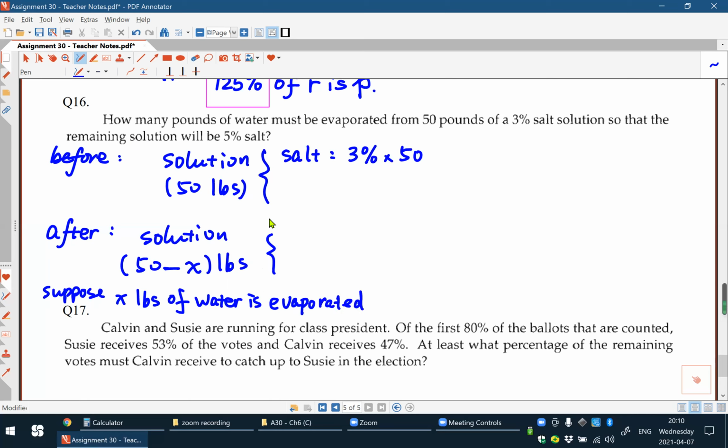So what is salt here? Salt does not change. Salt is still 3% times 50, right? Only the water changes. And we know that the new solution has 5% of salt.